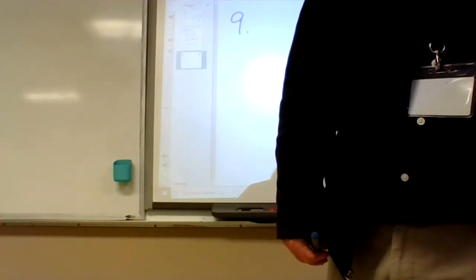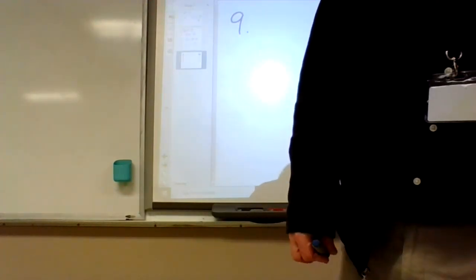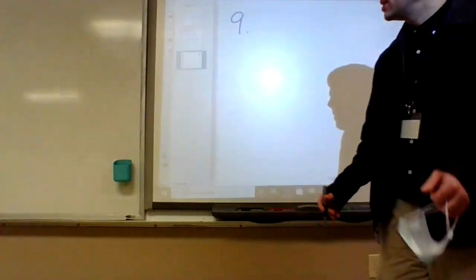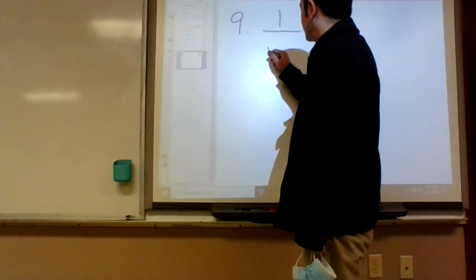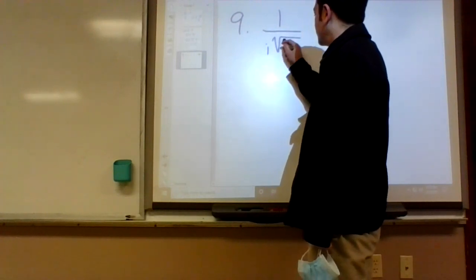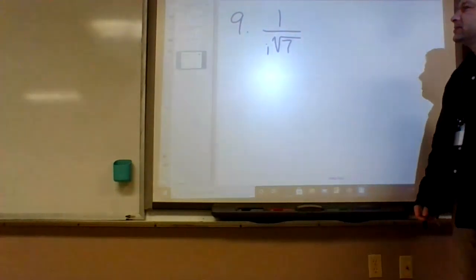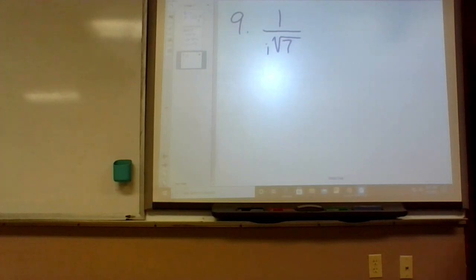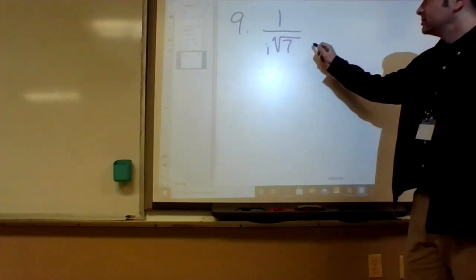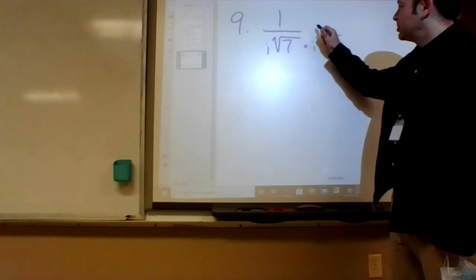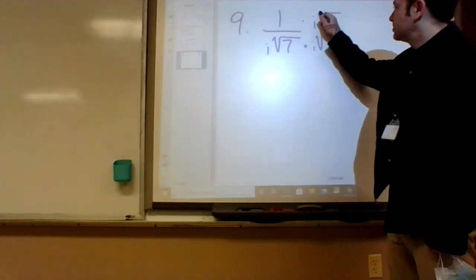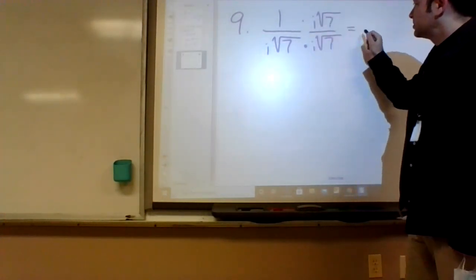Alright, number 9: 1 over square root of negative 7. On this one, I would start by changing it to 1 over i square root of 7. Guess what I'm going to do on this one? Multiply by i square root of 7.